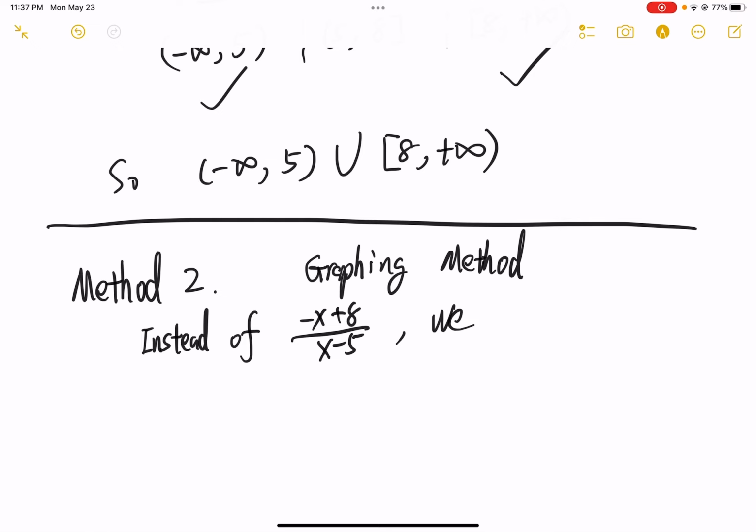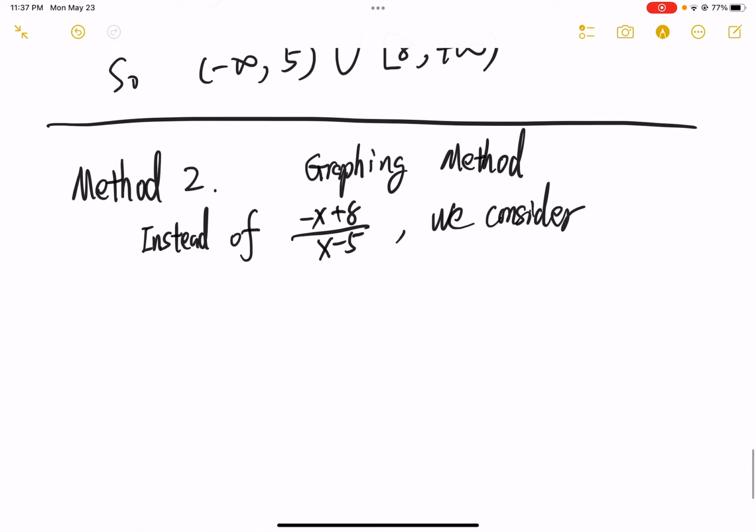We consider negative x plus 8 times x minus 5.